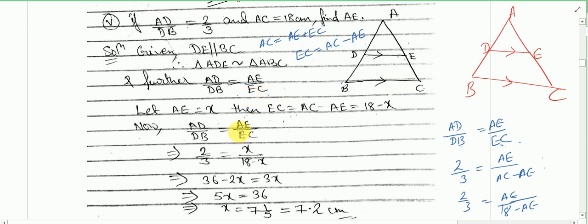Here we are looking for AE, so I am denoting AE by X, and I need EC, so EC can be written AC minus AE, so that would be 18 minus X. Now we will substitute the values in this equation and we will get X equal to 7.2 centimeter. So you can pause the video and copy it.